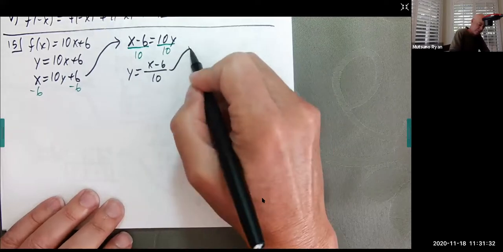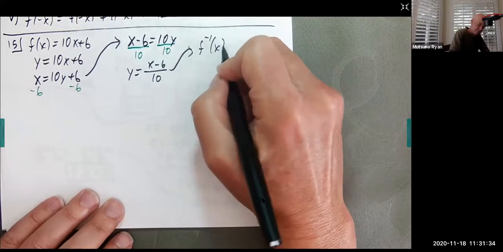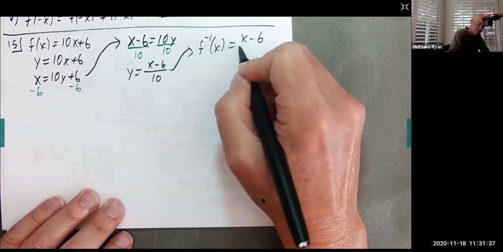So our inverse function is x minus 6 over 10.